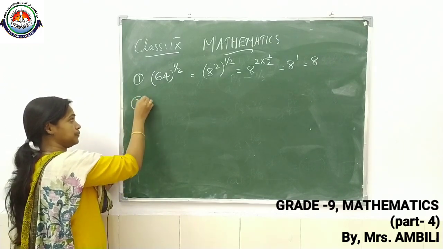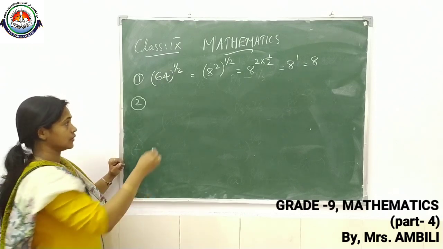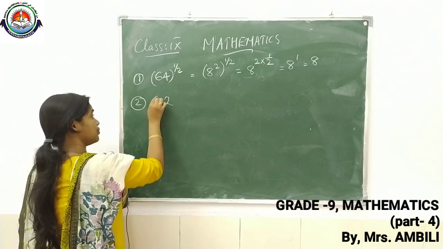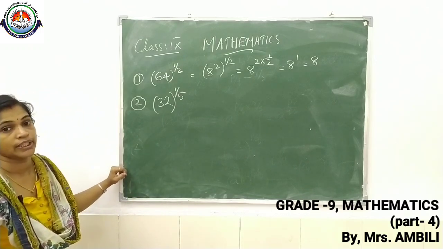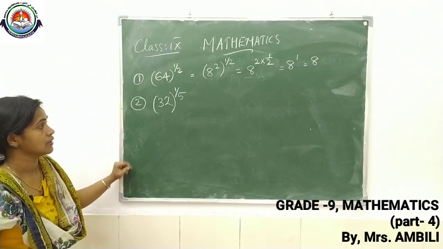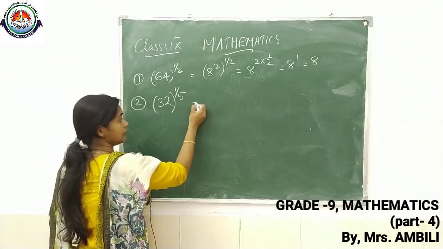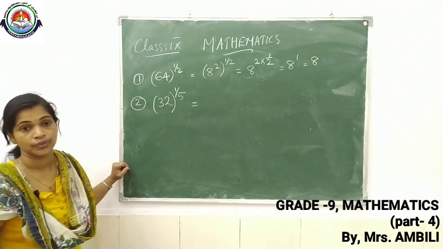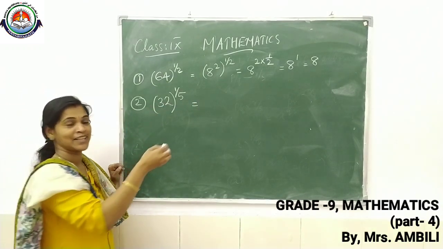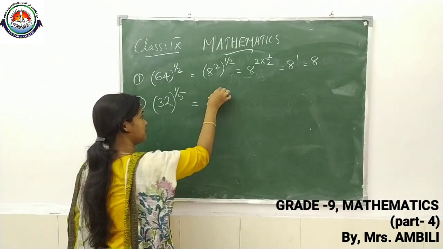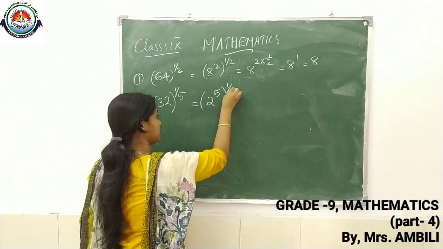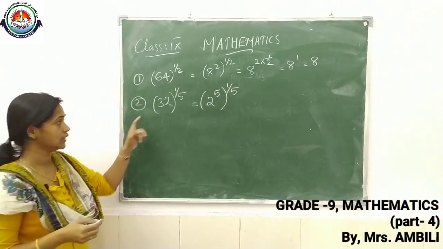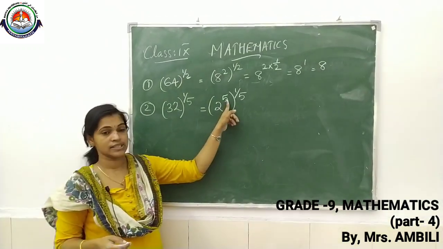Then one more question. 32 raised to 1 by 5. We need to change 32. How can we write 32? 2 raised to 5.